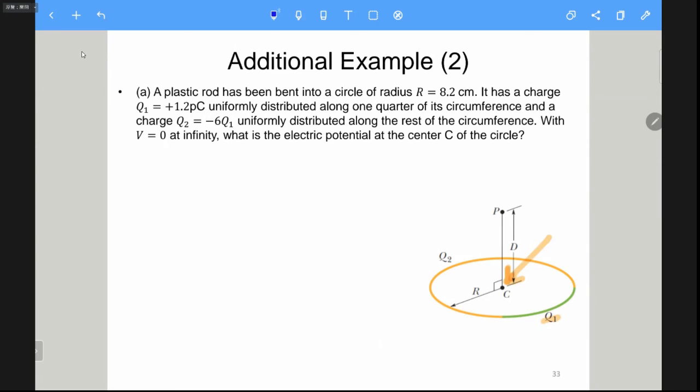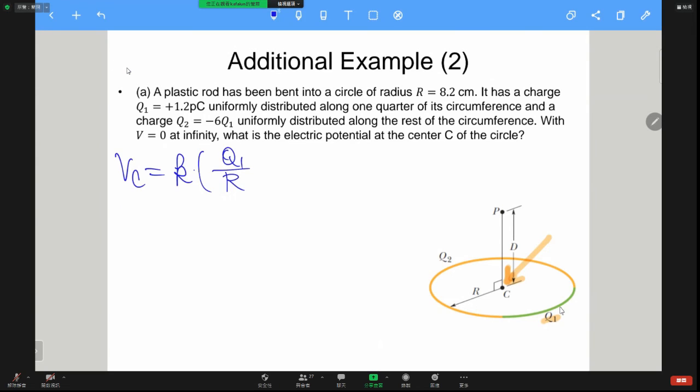Okay, so this is pretty easy. So VC equals K times Q1. Actually, Q1 is at an equal distance to C because this is a circle, so you don't necessarily need to integrate it. It makes life easier.